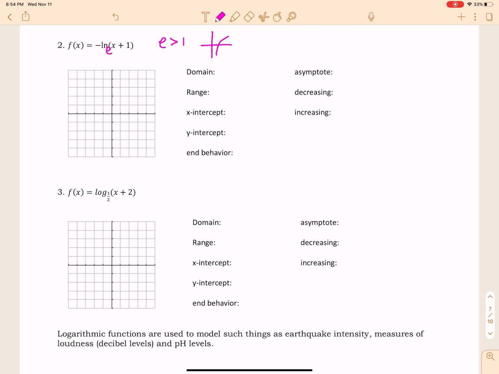So that's what the parent would look like, something like that. Now we're going to identify the other transformations. We have a negative out front. That means that we have a reflection across x. And since we have x plus 1 inside parentheses, that means we're moving left 1.